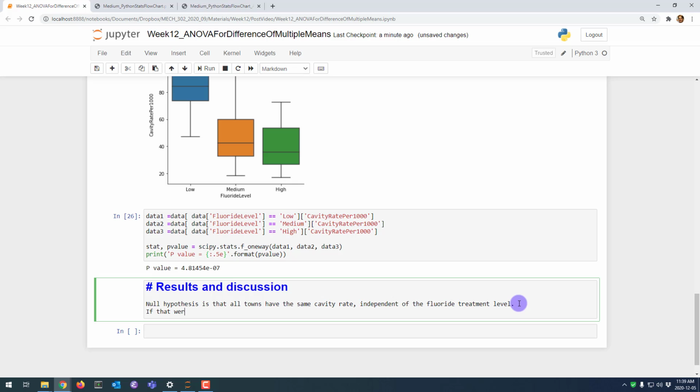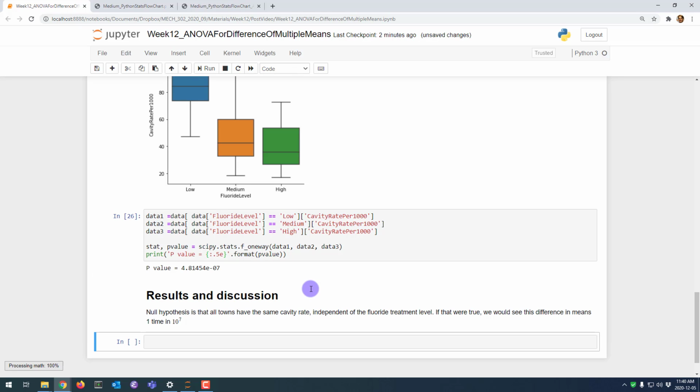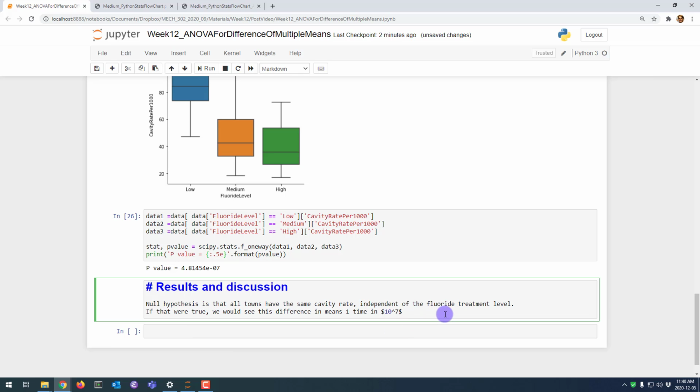If that were true, we would see this difference in means. Well, it's 10 to the minus 7, so basically 1 time in 10 to the 7 times. I got this fancy here. I got little dollar signs. Let's see how that does. Yeah, nice. 1 time in 10 to the 7, or 10 million, ballpark. That is very unlikely.